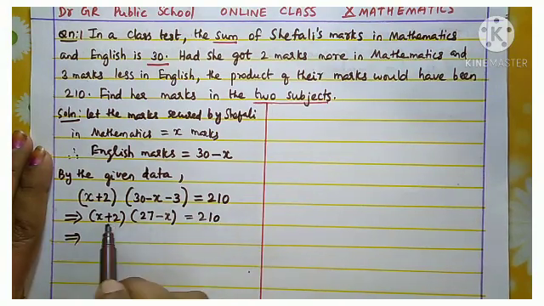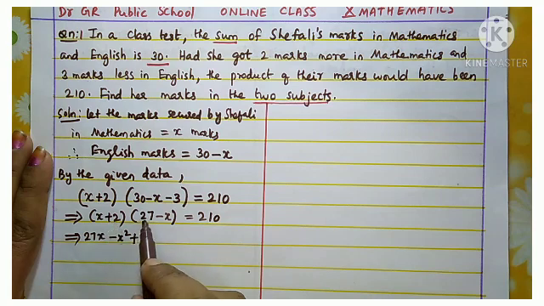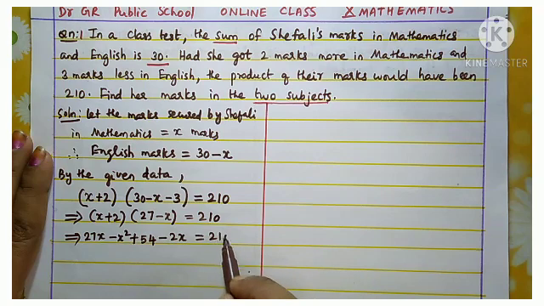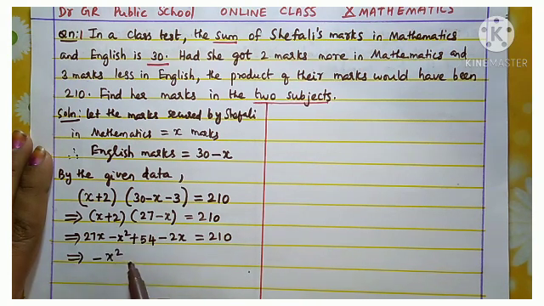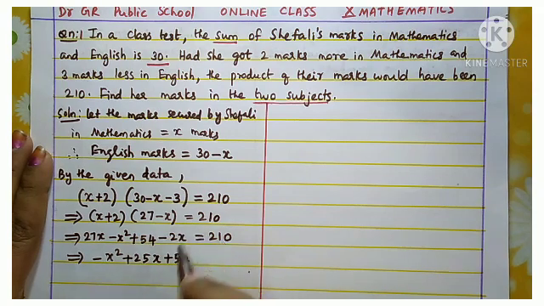Now you know how to multiply two brackets, so first multiply x with the two terms: 27x minus x square plus 2 into 27, 54 minus 2x equal to 210. Now combine the x values: minus x square plus 25x plus 54. Take this 210 this side, minus 210 equal to 0.